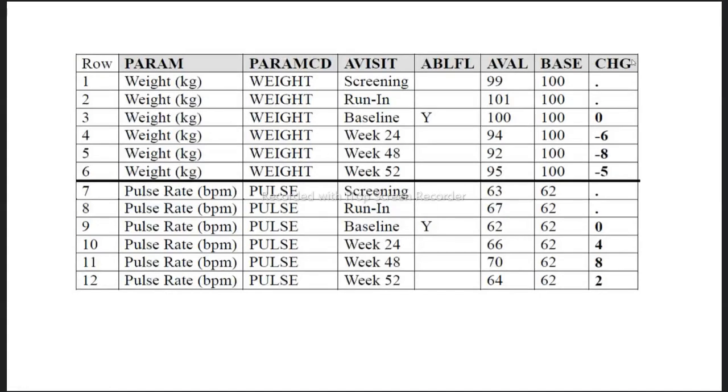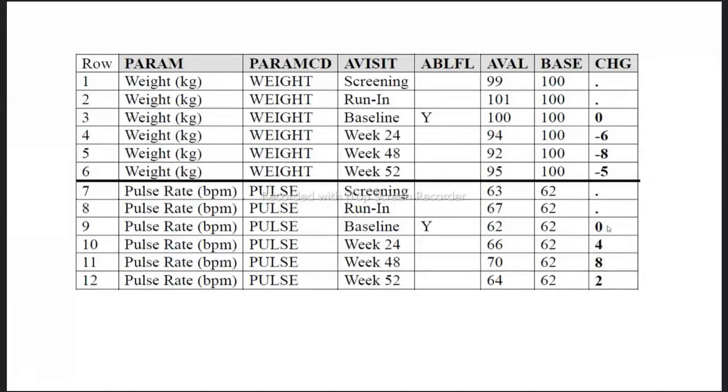Change is equal to eval minus base: 94 minus 100 is minus 6, 92 minus 100 is minus 8, 95 minus 100 is minus 5. Even for pulse rate, we are using the same function, change is equal to eval minus base. So whether it's weight in kilograms or pulse rate or systolic or diastolic, whatever it might be, if you are using the same function, then create a new variable.